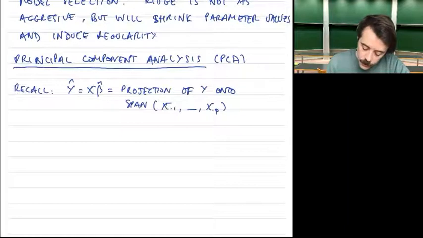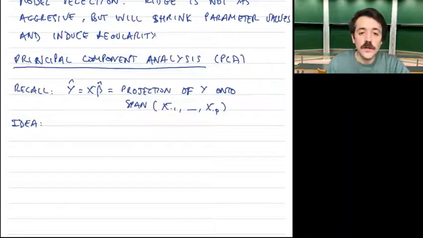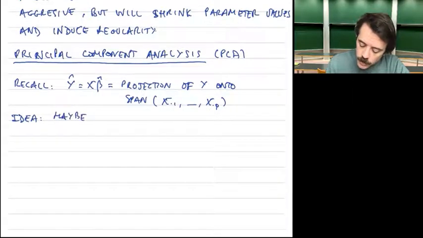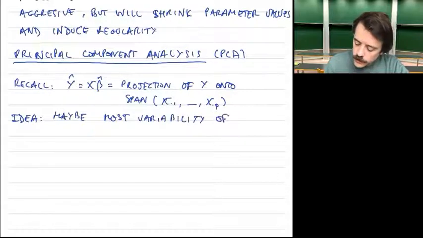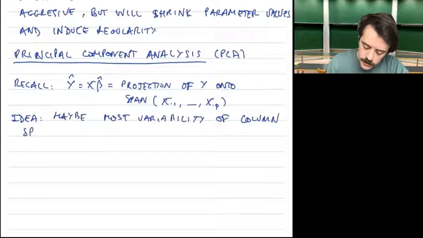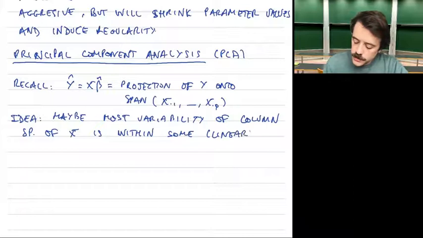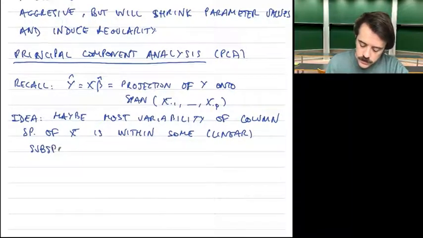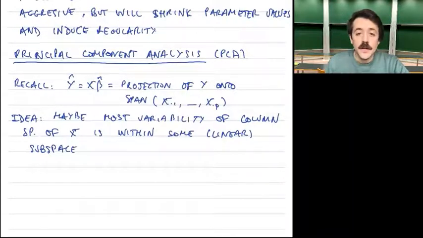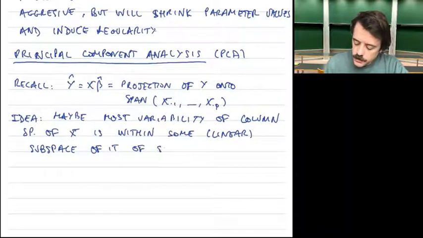So the idea now is the following. Maybe most of the variability of the column space of X is within some plane or some linear subspace of smaller dimension.